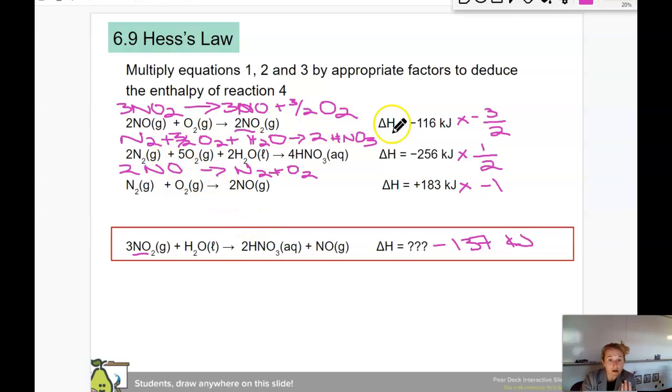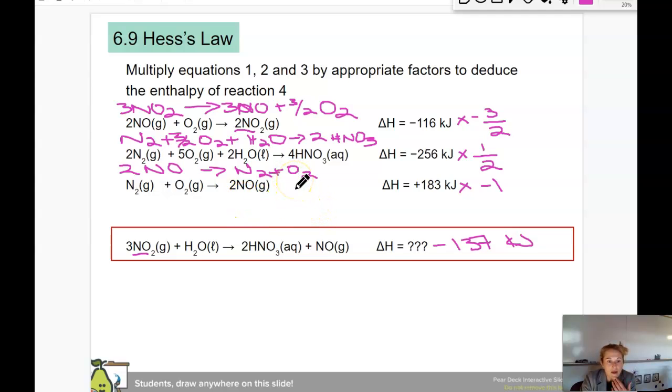And of course, the hard one was this 3/2 and then 1/2 because we have to think about that oxygen in two places. So in our first step, we end up with 3/2 of an oxygen. And then we end up with 5/2 in our second step. So combined, we end up with 4 oxygens, which are then removed, right?